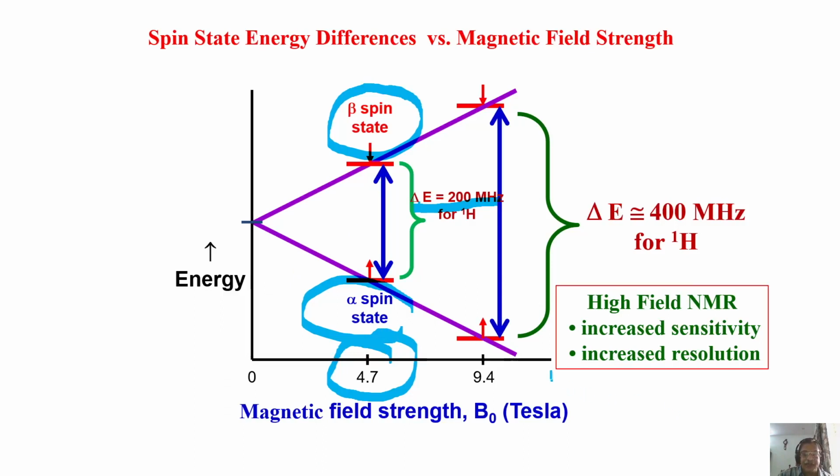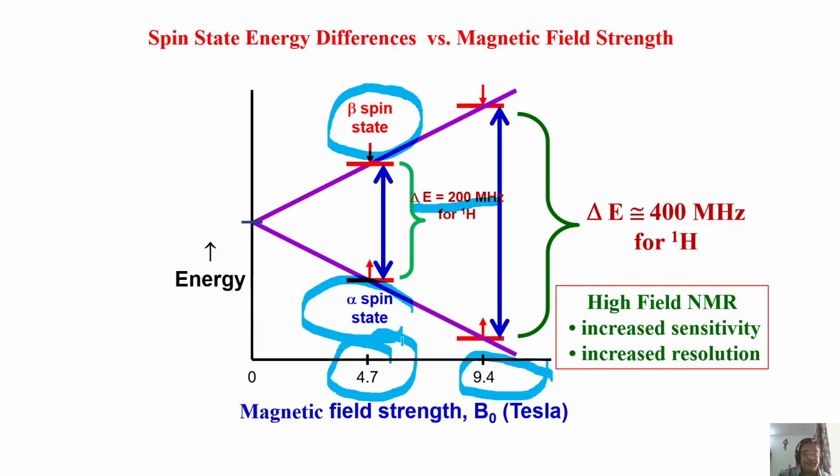Now here we have doubled it. What is happening? The energy separation also doubled because it is linearly varying. Resonating frequency varies linearly with the magnetic field. As a consequence, the energy levels also have to increase the energy separation. Otherwise, the frequency will not increase, right? So this drawing tells you that as you increase the magnetic field, the energy separation between the alpha and beta states increases linearly.